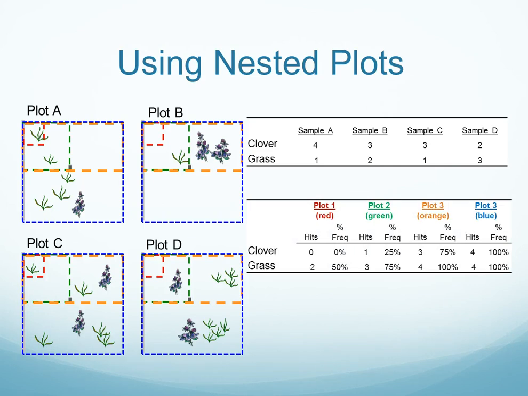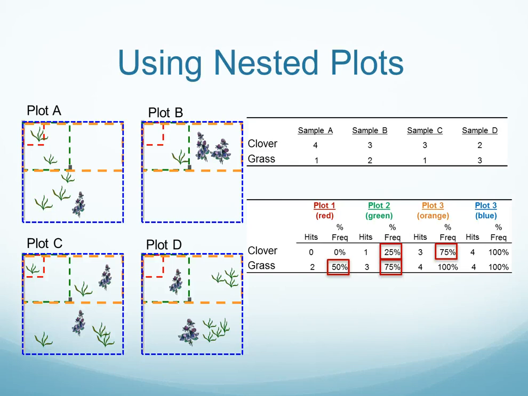When we look at how we then do the calculations here, we take a plot-by-plot analysis. Using plot 1, for grass we have an estimate of 50% frequency, but an estimate of 0% frequency for clover. What we see by doing this is that we can identify the quadrat sizes that give us our estimates of frequency in the acceptable range.